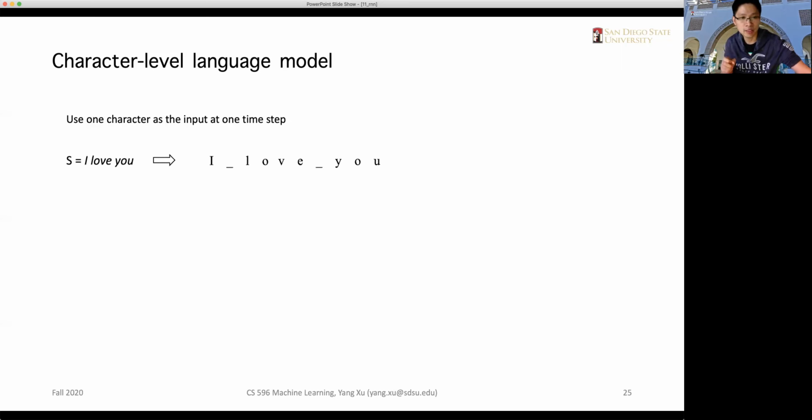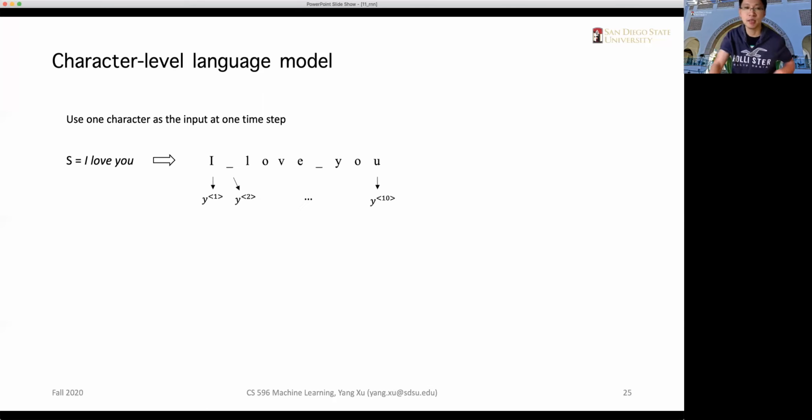At each time step, we use one character instead of one word. The advantage of this character-based model is that we can deal with unseen words. It's okay if in a testing set, in a new sentence, there is a word we have never seen, as long as we have seen all the letters, then we can compute the probabilities for a totally new sentence, right?